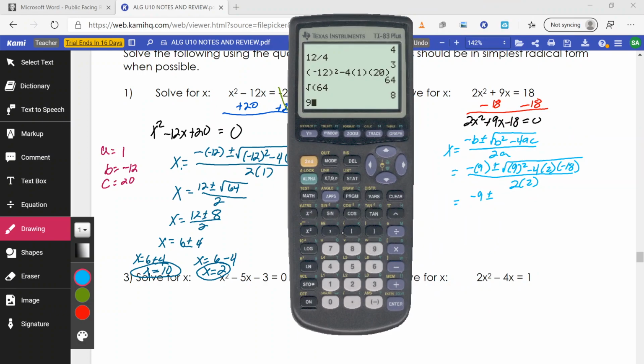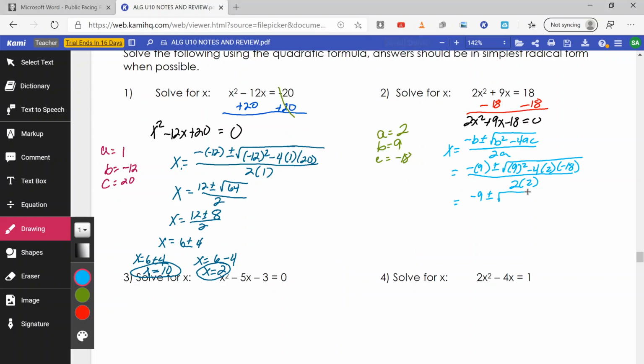We have 9 squared, put that in parentheses, 9 squared minus 4 times 2 times negative 18. So we get 225. So plus or minus the square root of 225 all over 2 times 2, which is 4.